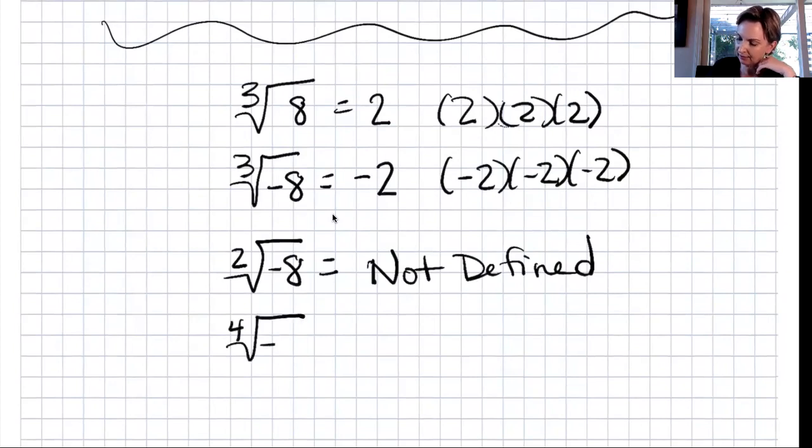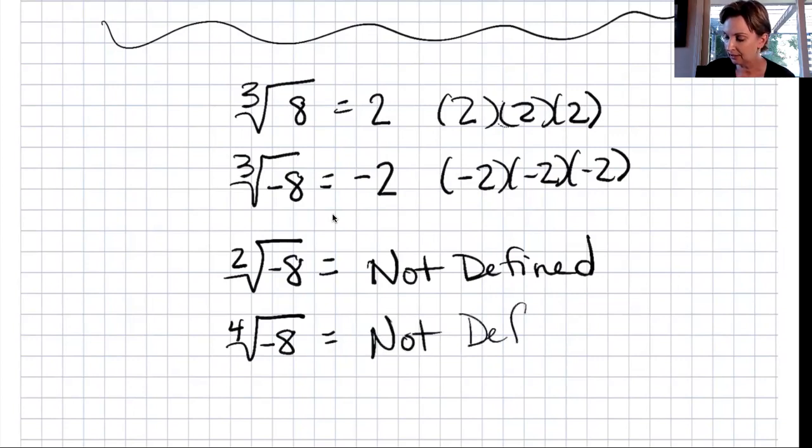I couldn't have the fourth root of -8, because if I multiplied a negative number by itself 4 times, I would end up with a positive number. If I did -2 times -2 times -2 times -2, it would be positive 16. It wouldn't be -8. So it's not defined, and it would be undefined for any even root.